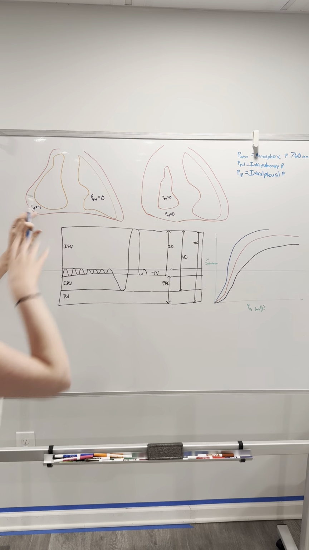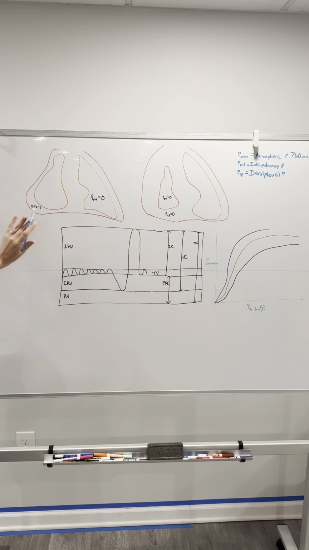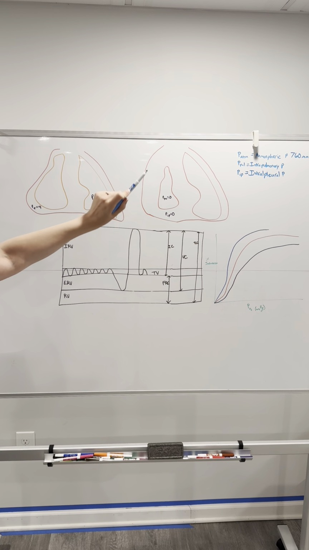So when our lungs are expanded here, intrapulmonary pressure is 0 and our intrapleural pressure is -4. So we want to keep this negative. We don't want it equal to atmospheric or intrapulmonary pressure. Okay.